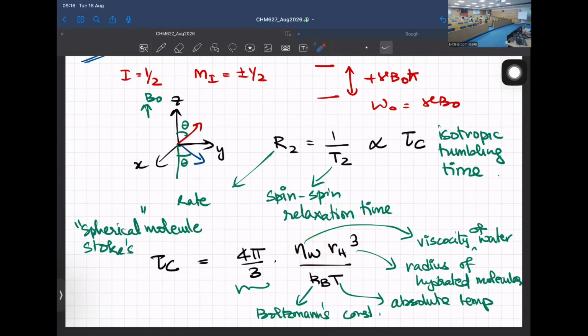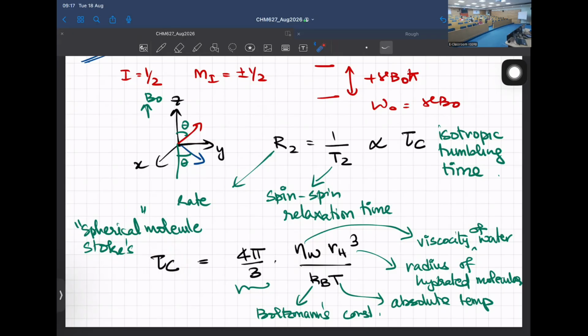The other component that also severely affects is the viscosity of the medium. Generally, when you have a more viscous solution, the molecules cannot tumble a lot because there is resistance to tumbling due to viscosity. Therefore, as the molecules cannot reorient themselves to every possible direction that fast, the tau c increases. Therefore, when you're trying to measure an NMR spectrum in a viscous medium, lines are going to be broad again.